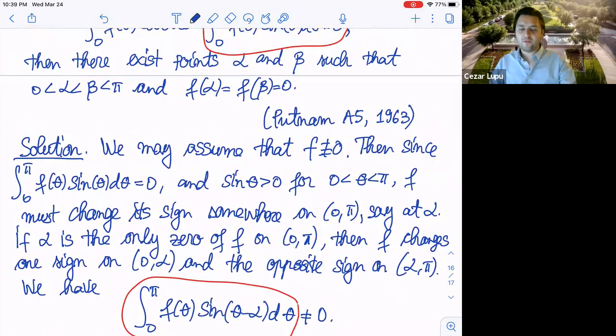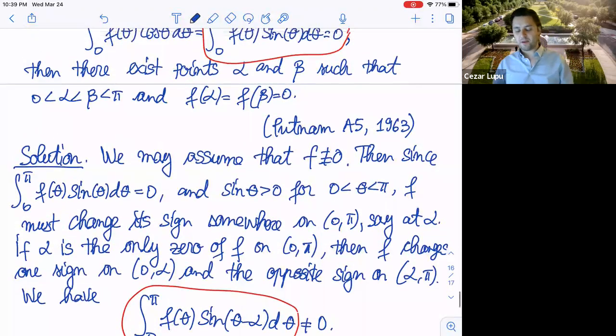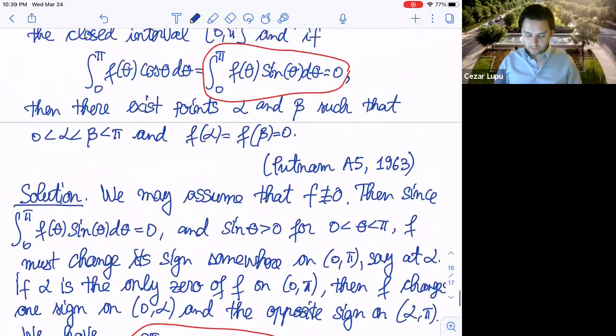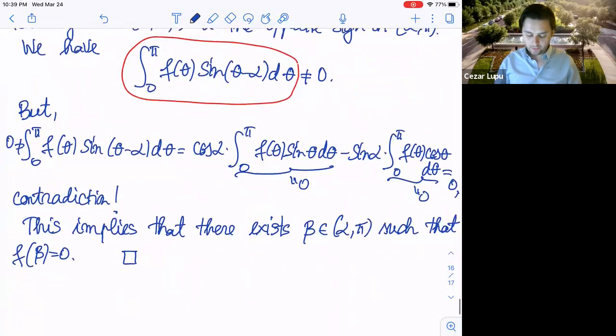And now let me do a very, very similar one. Again, it was a Putnam A5, but this time I think it was 1980. So let me, application 4. And the problem says the following. This problem will involve a polynomial, but the integral relations will be just the same.